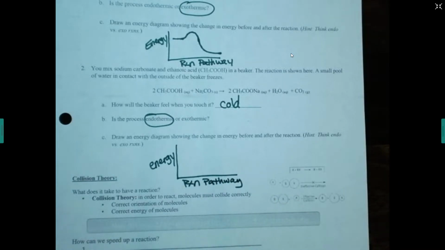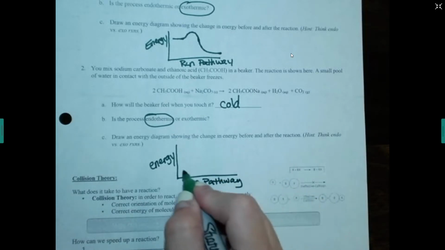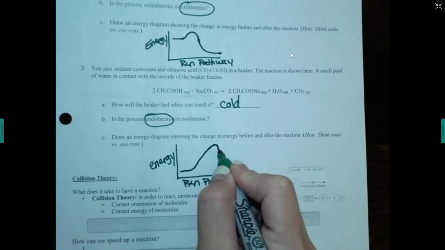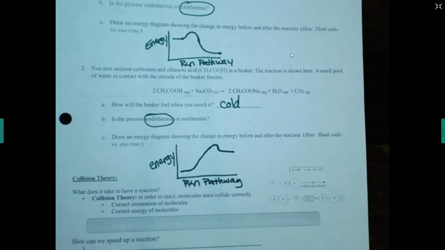Remember it's endothermic, so we start here, go up a big hill, and then level off like that. Not perfect, but it's fine. That should be the general shape of any endothermic reaction you have.